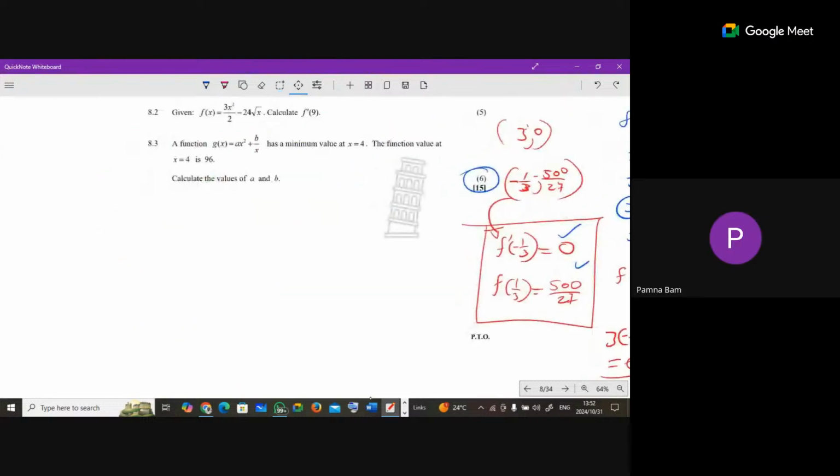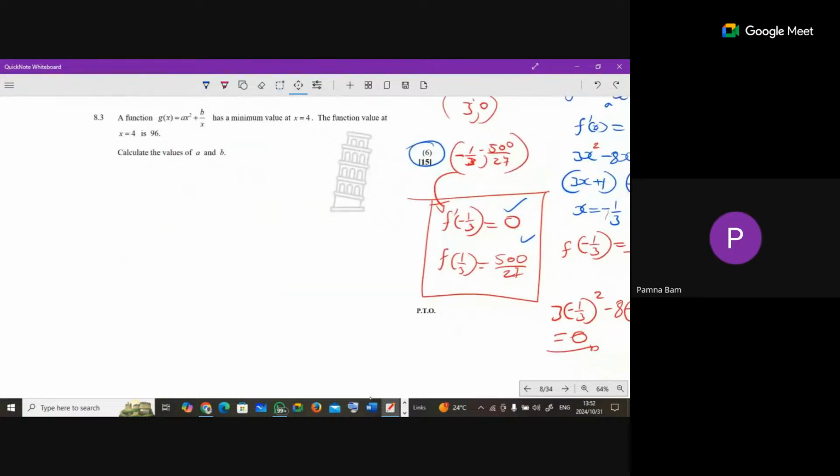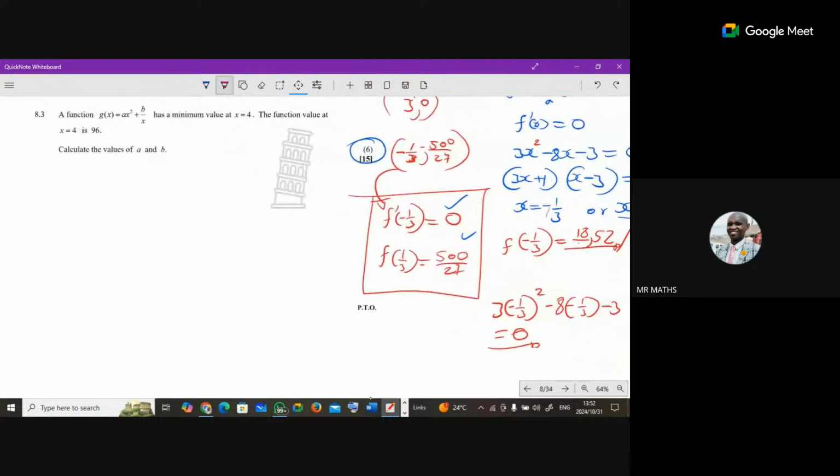Okay. So in this question, what do we find? Okay, what we know is that if x is equal to 4, we substitute it into the original function and it gives us 96. So we know that g of 4 has to be equal to 96, right? And what is g of 4?